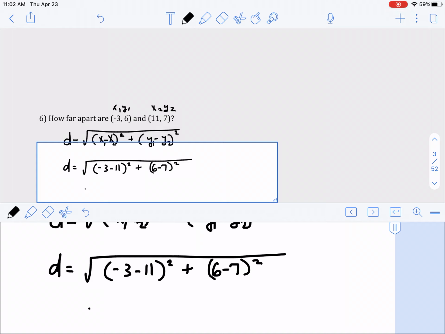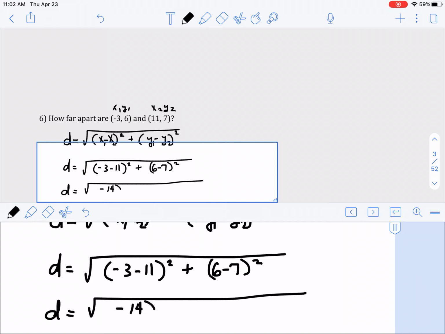Okay. So we're going to have -14. Remember, when you put it in your calculator, you want to keep the negative and the 14 together and then square it because you want to be sure that you get a positive.